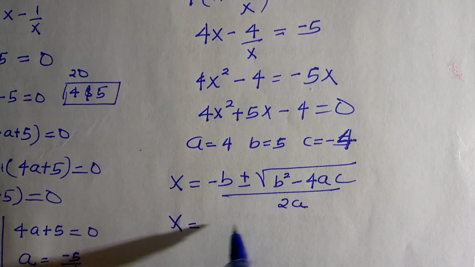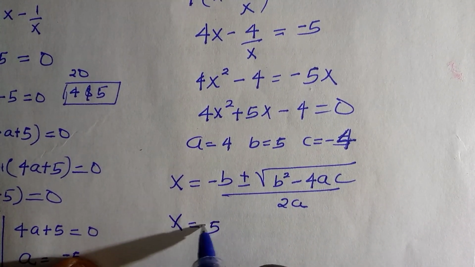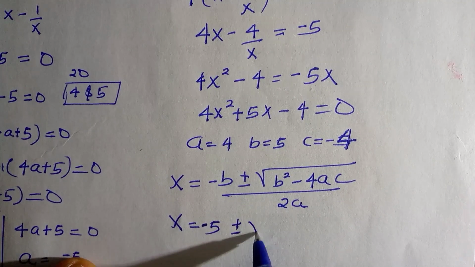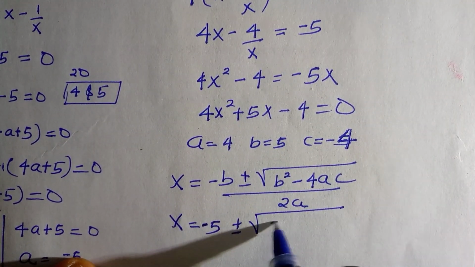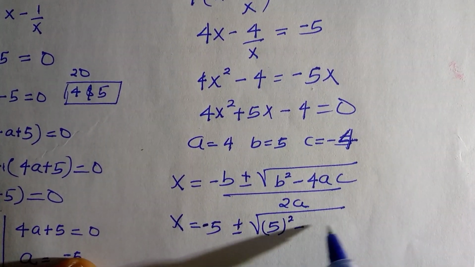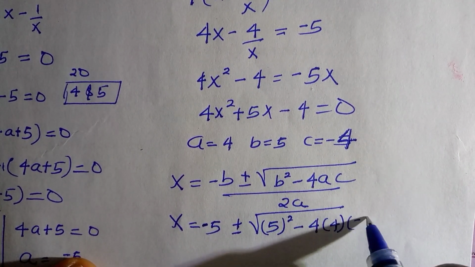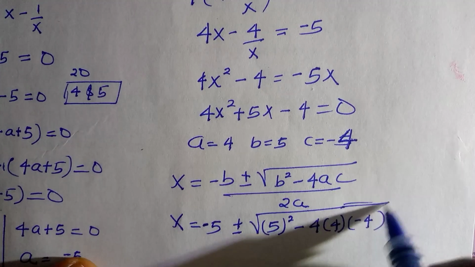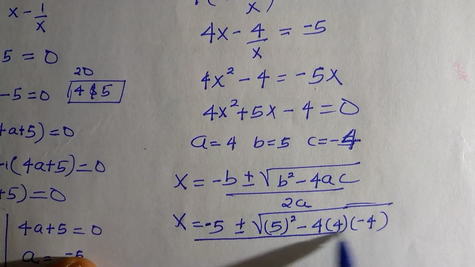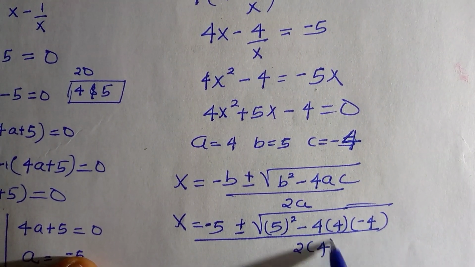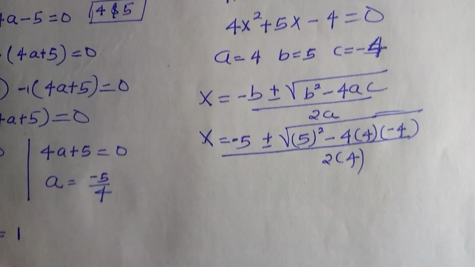Now let's start the input. We have x equals minus 5 here, plus or minus the root of 5 squared minus 4, where a is 4 and c is minus 4, everything divided by 2 times 4, which is a.